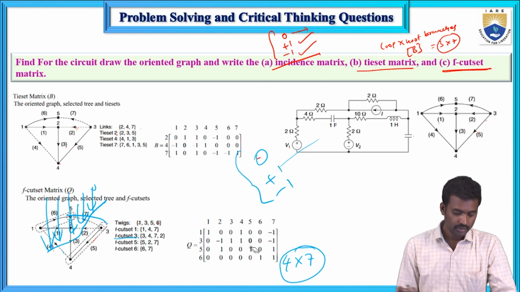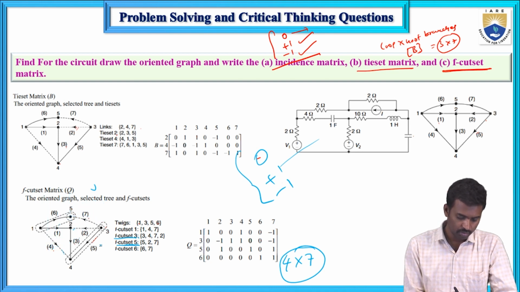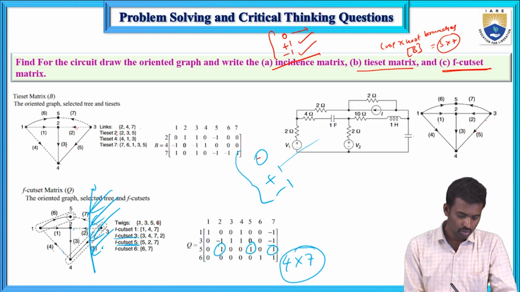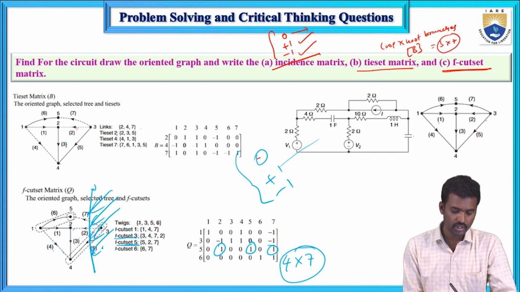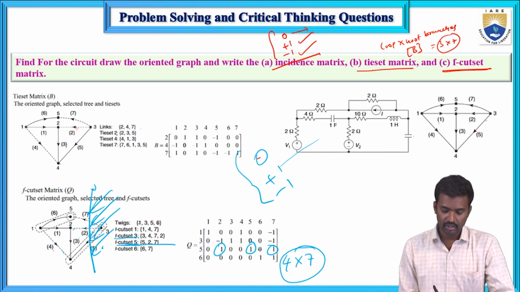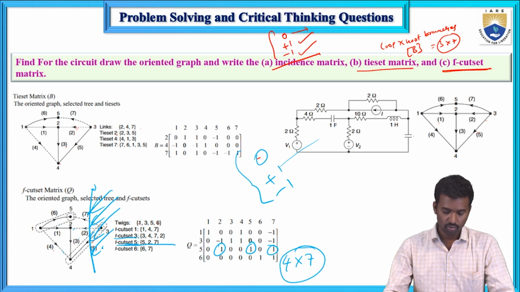And next, the fifth one, fifth branch means here 3. So the fifth direction should be like this. All are positive, same direction. So 2, 5, 7 are the associated branches, so those are in the same direction as this F cut set 5, and those values are 1, 1, 1.